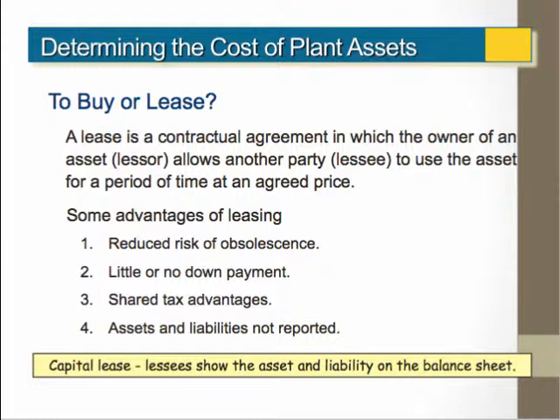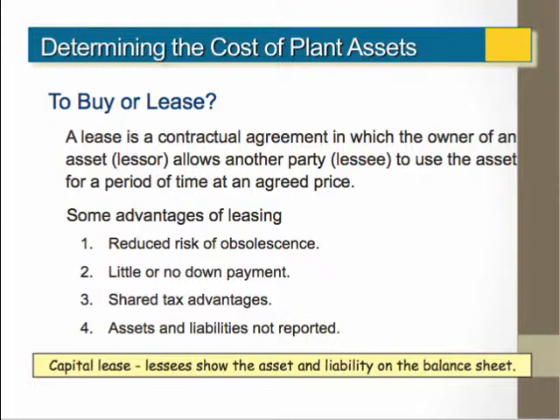Now once again, depending upon how the contract's written, the accounting treatment will be different. There are 2 types of leases that need to be accounted for. One is an operating lease. The other is a capital lease.